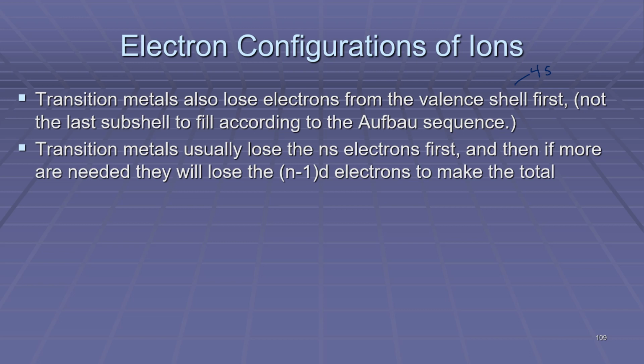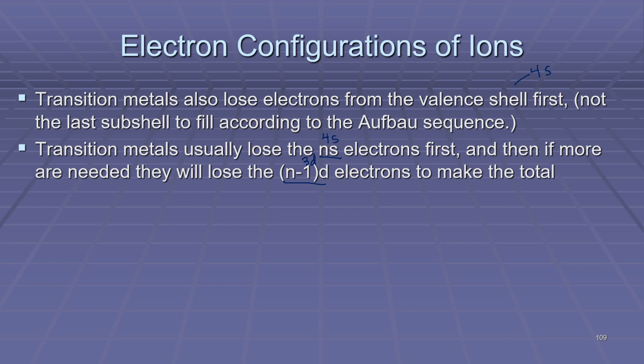So they usually lose their s electrons, and I'll talk about that n-1 in just a second. And then if more are needed, they lose the d electrons. For example, if we're talking about anything in the first transition row, like chromium, manganese or iron, they have 4s electrons and they have 3d electrons.